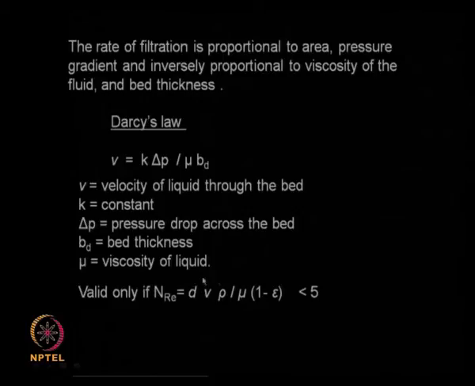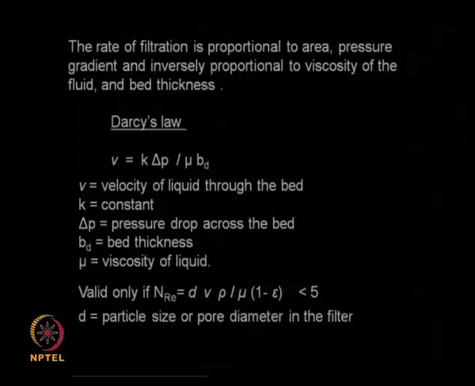So this is how the Reynolds number is calculated, and it should be less than 5 for Darcy's law to be valid. But although the Reynolds number needs to be less than 5, we still use this equation as a first approximation to calculate the throughput of the filtration process.